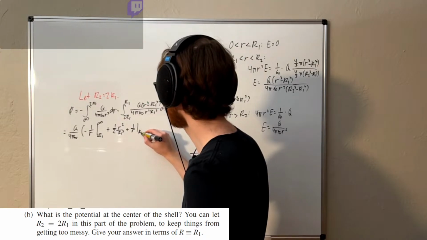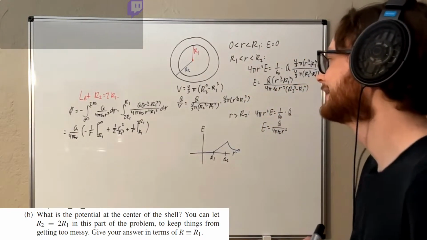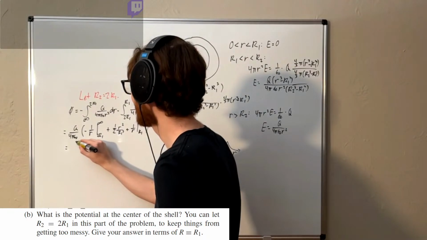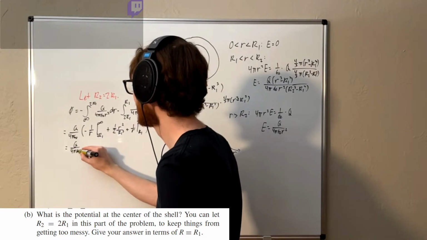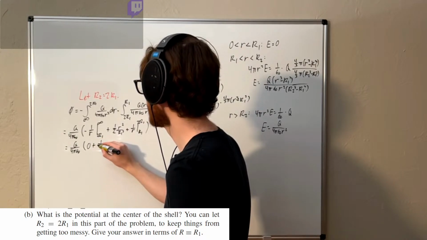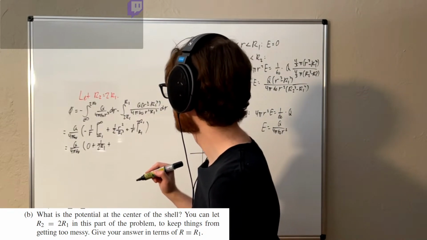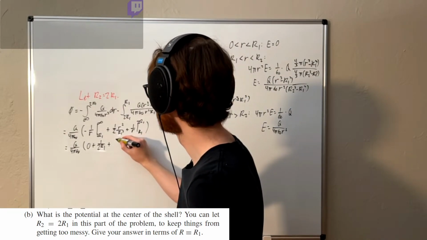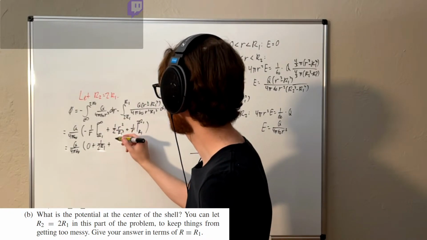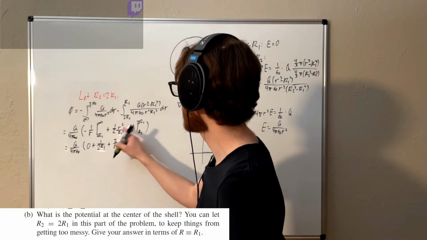I'm doing a lot of mental math here, but I think I followed it okay. Let's see if it gets us to an answer that vaguely makes sense. Zero plus 1 over 2r1 plus. We get 4 on top, cancel, so we get a 2 for r1, I'm going to say. For that with 2r1.